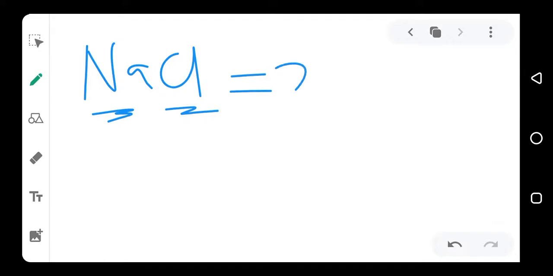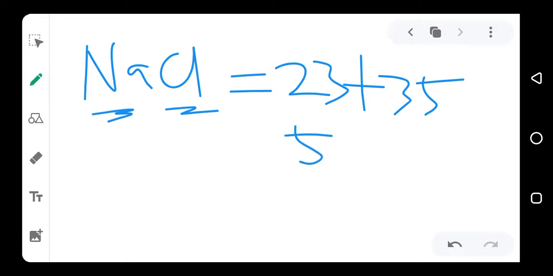Sodium is 23 plus chlorine is 35, which is 58 gram. So for any substance, once we know the atomic masses of the component atoms, we can calculate the molar mass of the substance without having to weigh it.